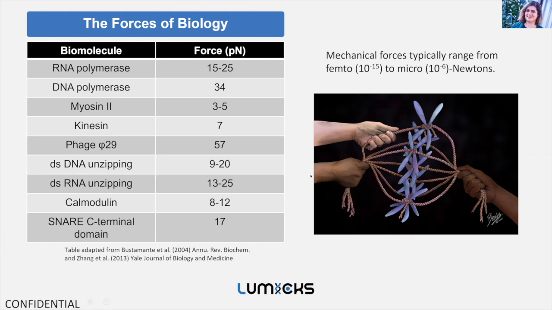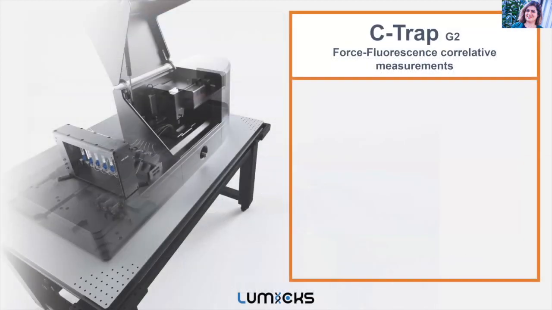And having said that, optical tweezers is not only useful for measuring those forces, but at the same time, it allows you to trigger a specific biological process that you're looking at, or manipulate a biological sample that you're interested in, as I will explain later on how that manipulation is possible. But first, I will introduce you to the technology that LUMICKS has developed, and the instrument is called the C-Trap, which, as I mentioned, is a combination of optical tweezers with fluorescence microscopy.